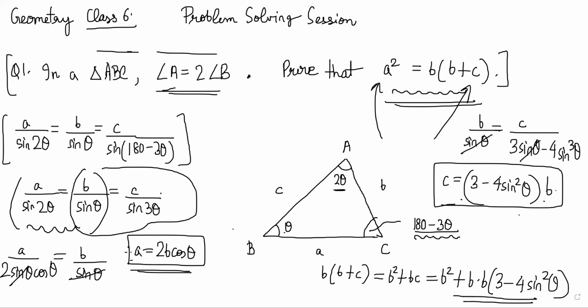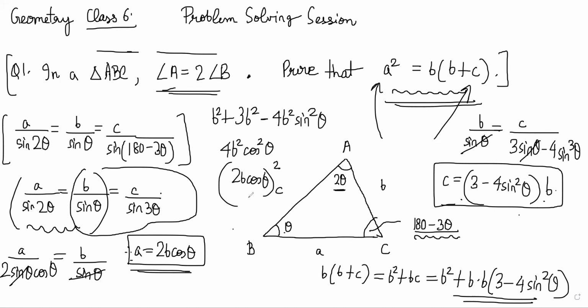So this will become b square plus 3b square minus 4b square sine square theta, which is equal to 4b square into 1 minus sine square theta, so cos square theta, which is equal to 2b cos theta whole square, which is equal to a square from here, right?